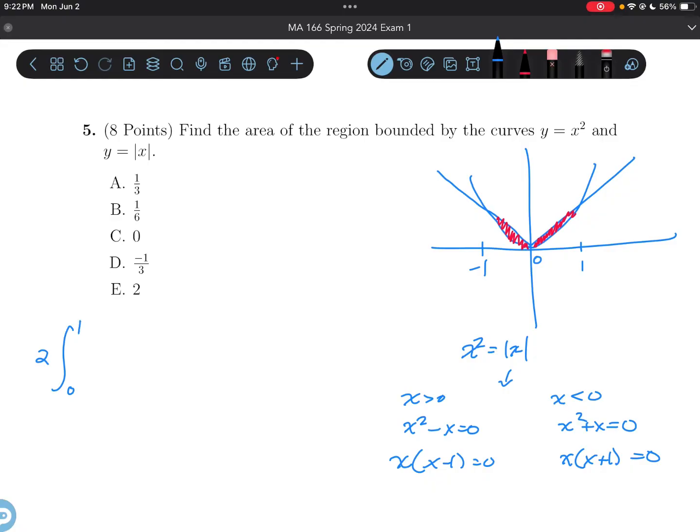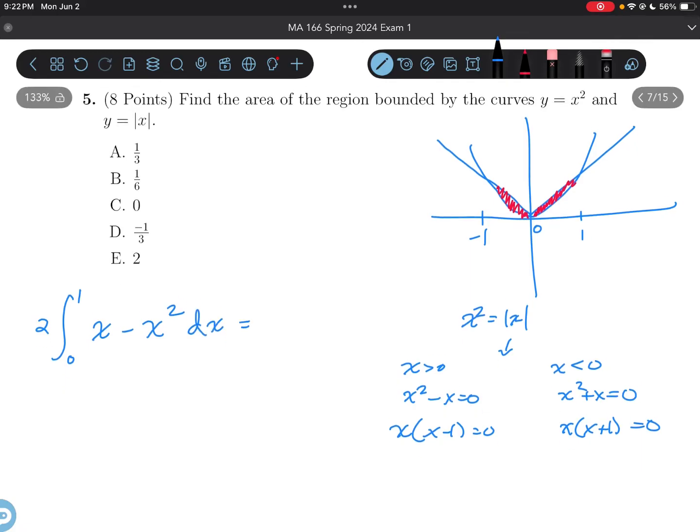And what we do is we take x, because in this part over here the curve y equals x is on top, minus x squared. And we do a minus x squared because this region is bounded by y equals x squared on the bottom. So that is our integral.